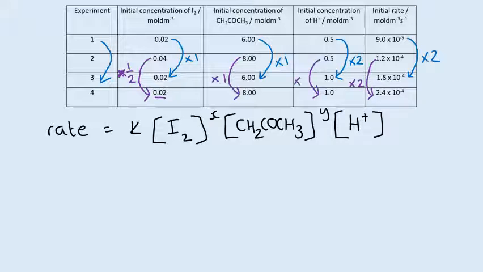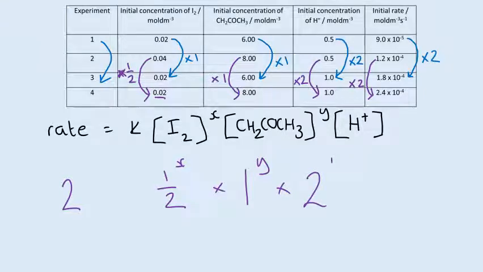This is doubling. It feels complicated now, but let's just stick to our plan. The rate is going up by 2. The concentration of I2 is going up by a half, so it's a half to the x. The concentration of CH3COCH3 remains the same. The concentration of H+ is doubling, and we know it's first order. We can remove the 1 to the y because 1 to the power of anything is 1.